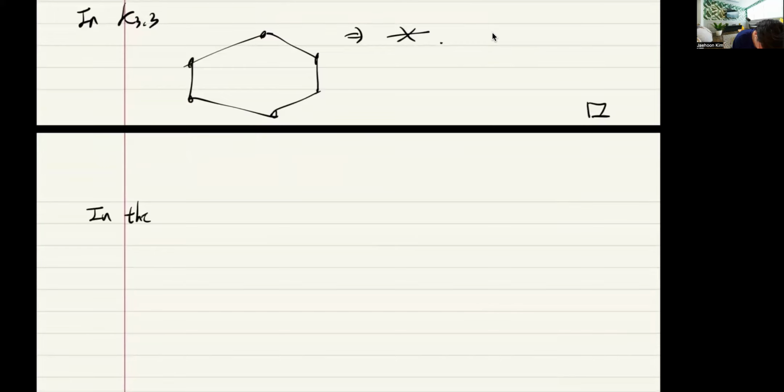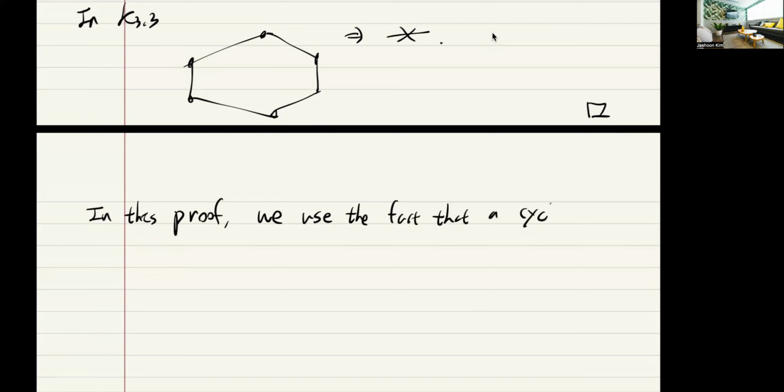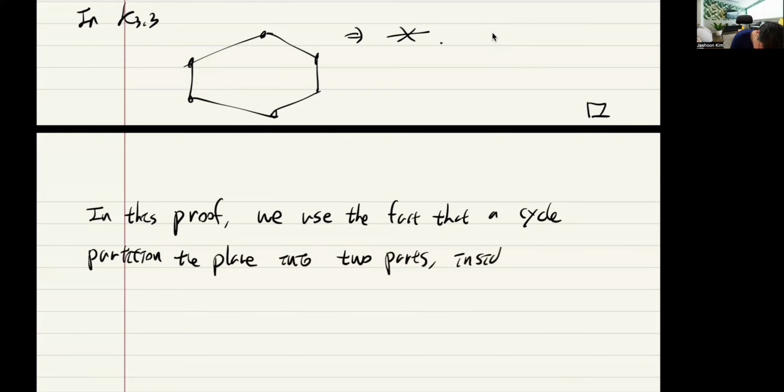So in this proof, we use the fact that a cycle partitions the plane into two parts, inside and outside.